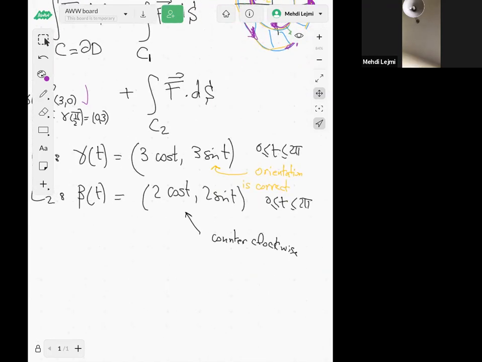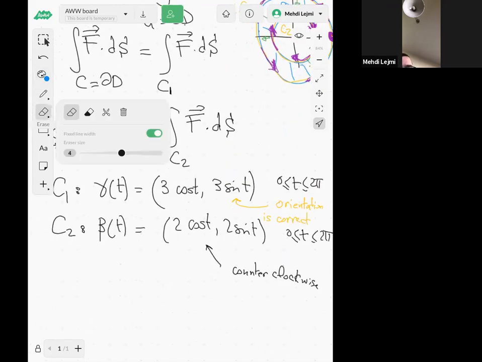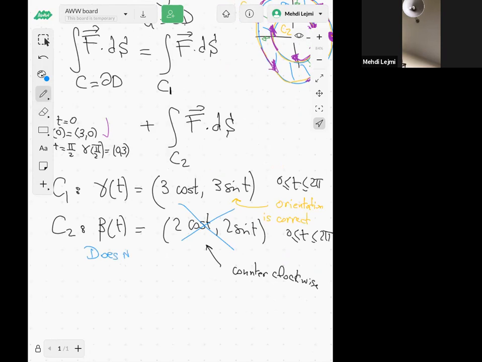So we need to change this. In the case of circles, the easiest way is to change the t. This one doesn't induce the required orientation, which is clockwise rotation.